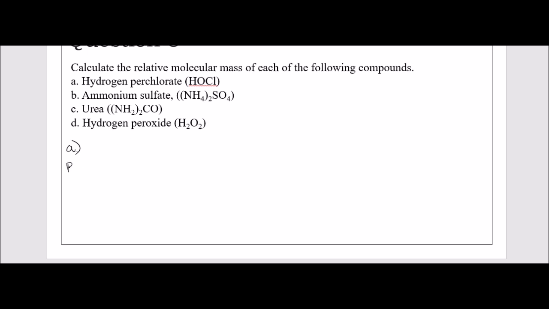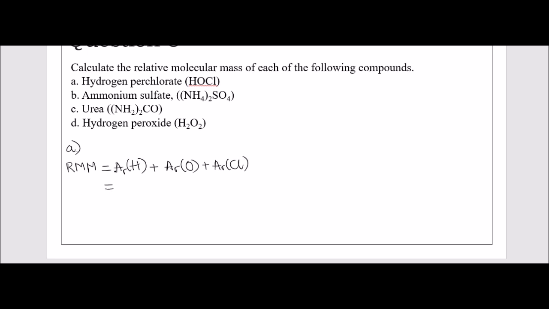So, relative molecular mass of hydrogen perchlorate. You have one atom of hydrogen, which means I'm going to add one Ar, or relative atomic mass, of hydrogen plus one relative atomic mass of oxygen and one relative atomic mass of chlorine.